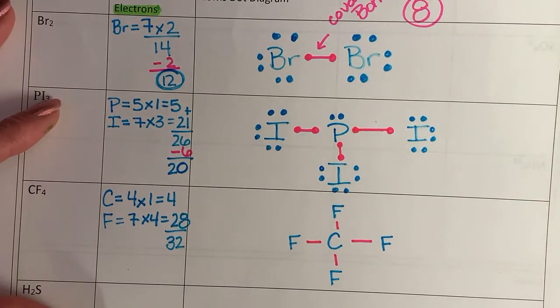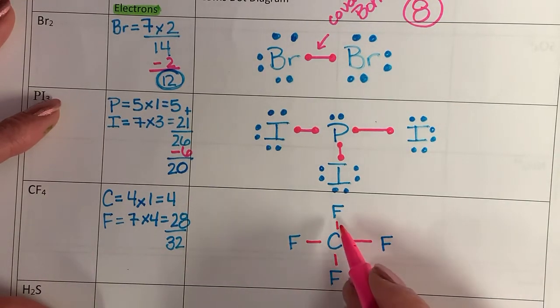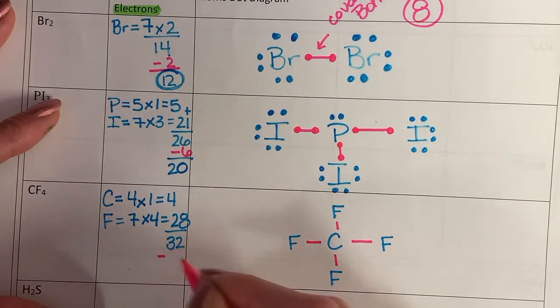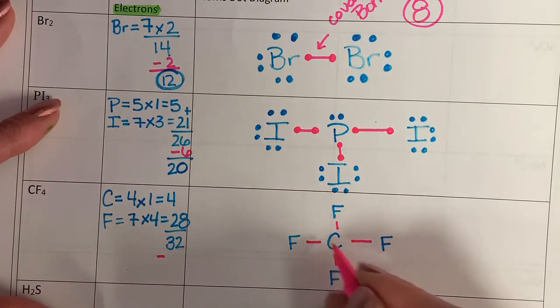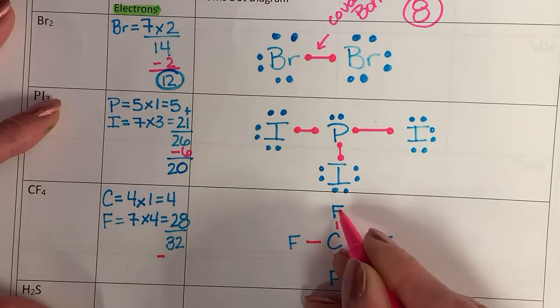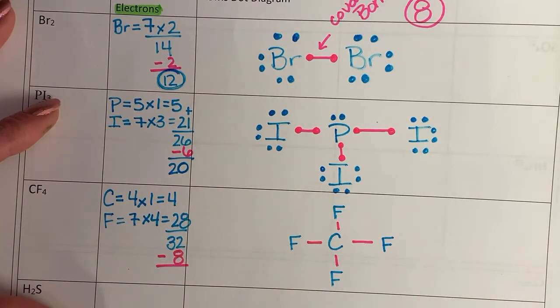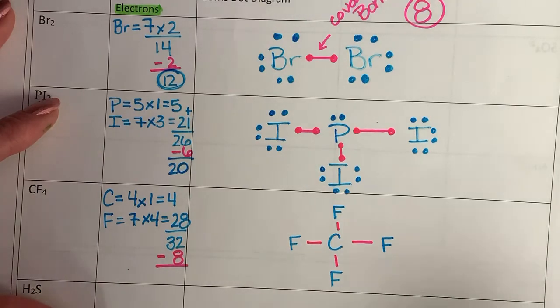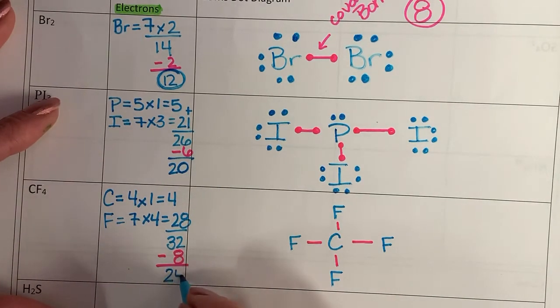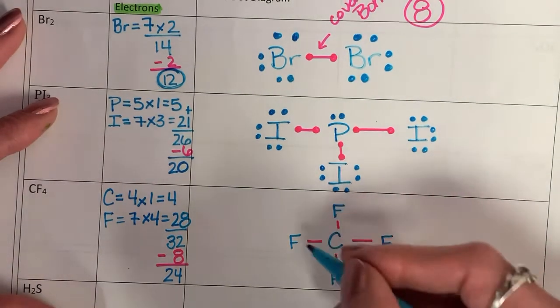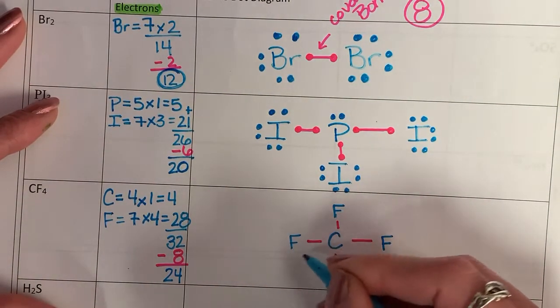Now, because each line is worth 2, I've used up 2, 4, 6, 8. I had 32 electrons to start with. I now have 24.